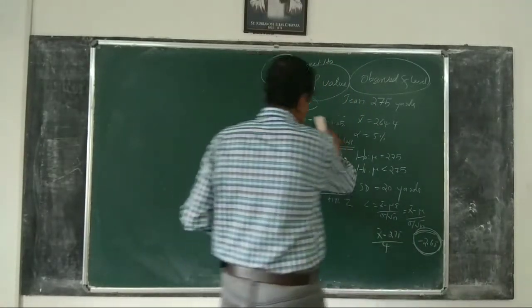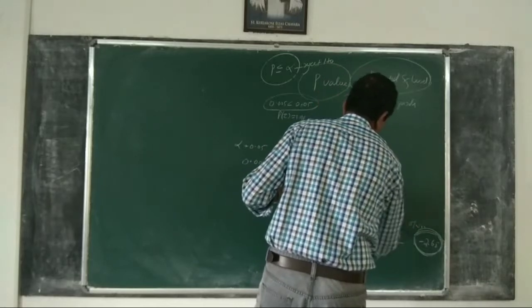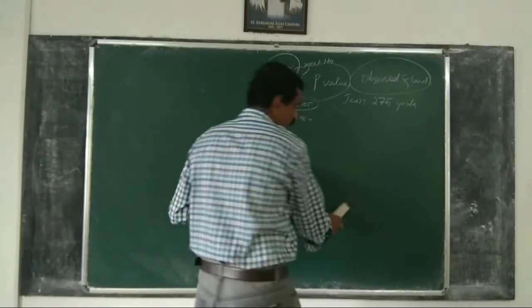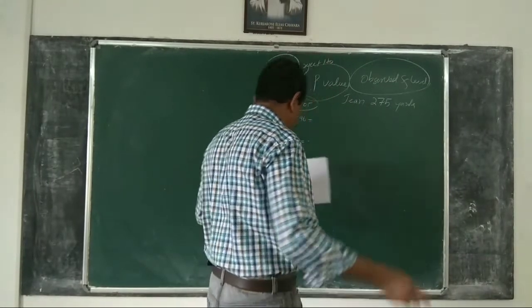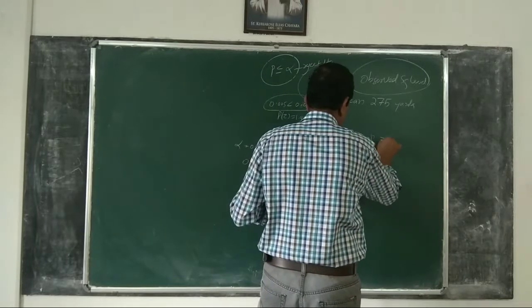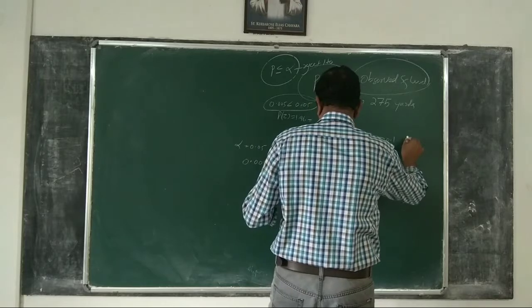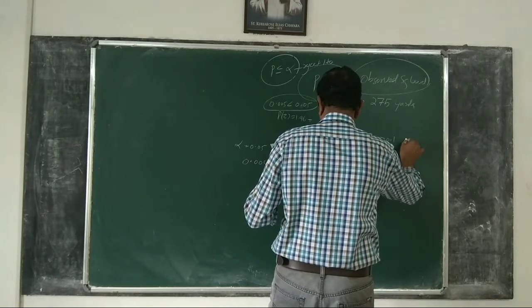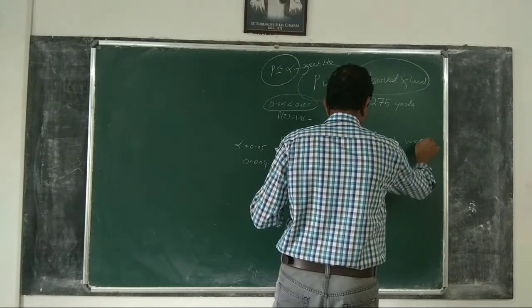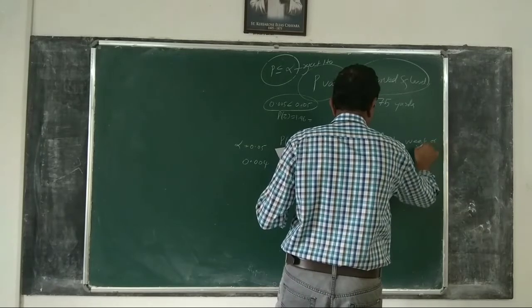If p is greater than 0.1, evidence against H0 is weak or none.